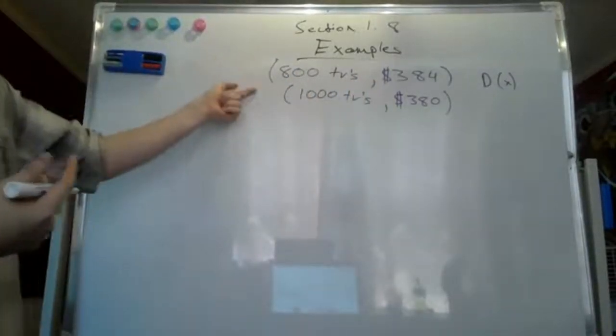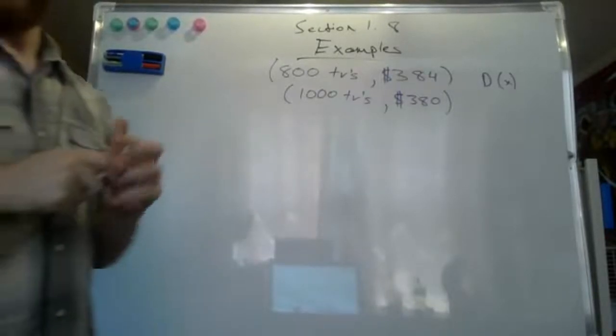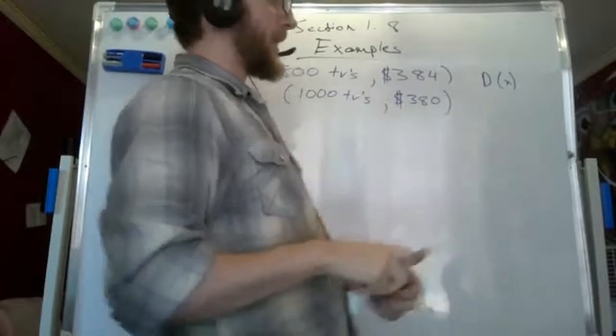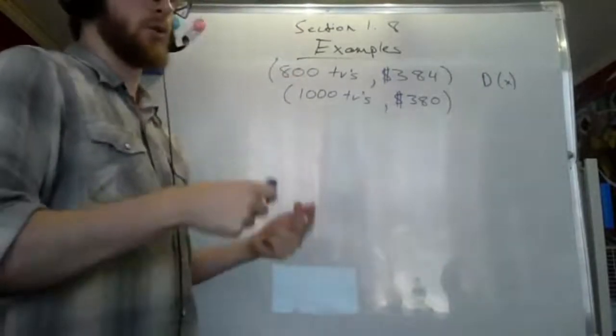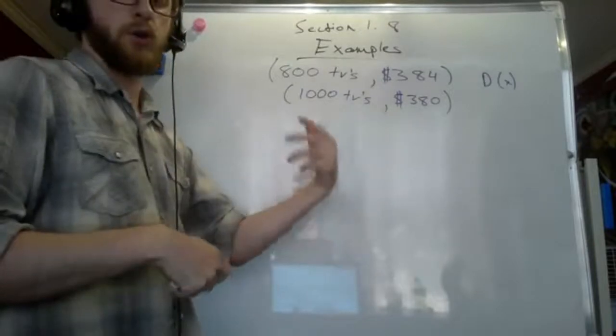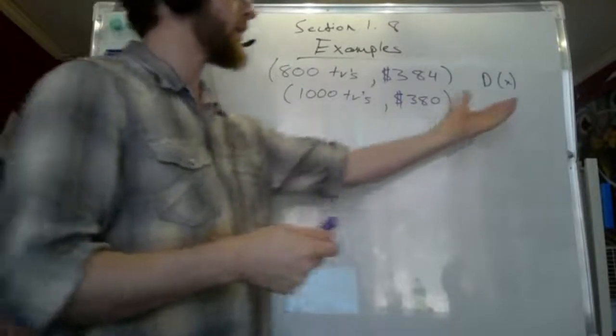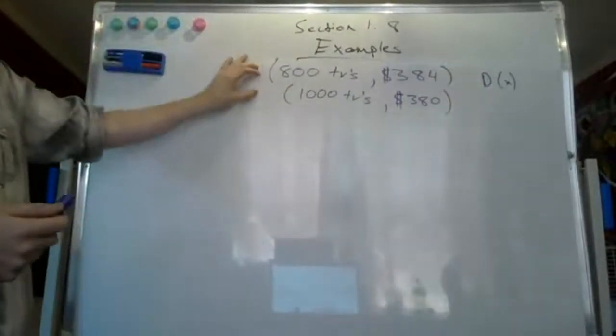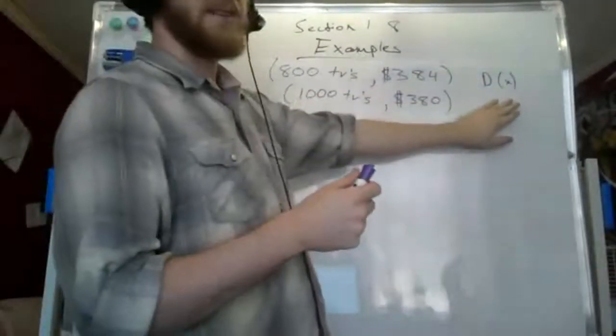We have two different points. But still, this isn't quite enough because we don't know if the demand function is linear or polynomial. It could have a squared power or a third power or a fourth power in it. So we don't quite yet know enough based on these two points what demand is yet.